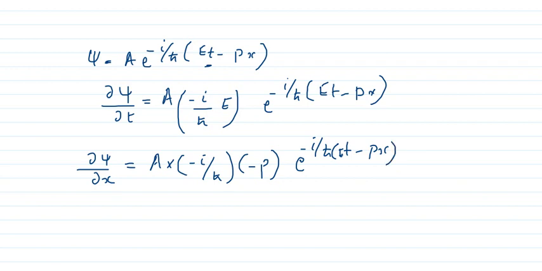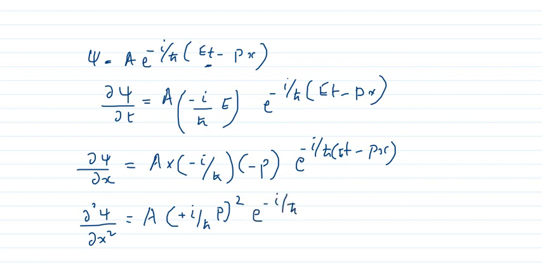Once more differentiating, that is dou square psi by dou x square, you will have the constant A twice, taking i by h cut and p, both minus becomes plus, so square, e raised to minus i by h cut (Et minus px).